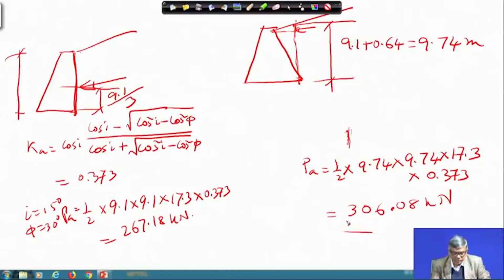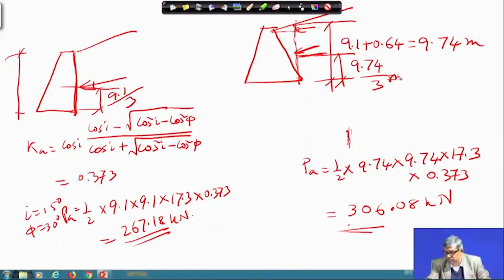So, this is the difference. Actually, you can see 267 was there and now 306, almost 40 kilonewton change. It will be acting somewhere here, parallel to this, and this height will now be 9.74 divided by 3 meter.